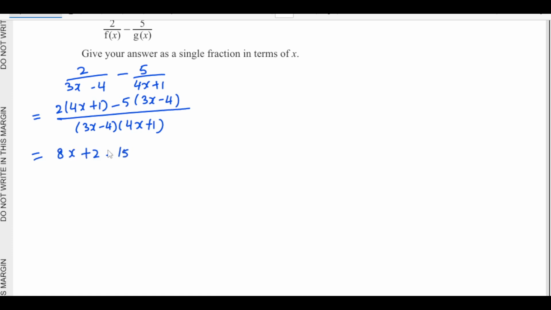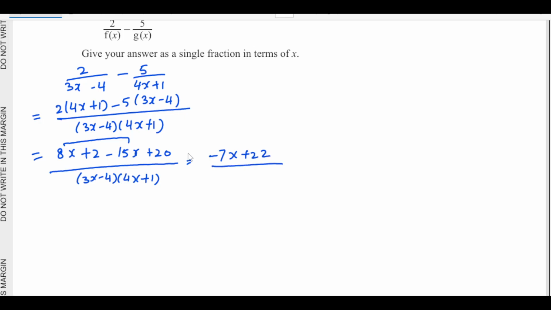So this is negative 15x plus 20. So the denominator, it's up to you, you can even leave it like that or you can also expand. So I'm just leaving it. So it is 8x minus 15x, this is negative 7x plus 22 over 3x minus 4 and 4x plus 1, right? So that's it. Here we have negative 7x plus 22 over 3x minus 4 and 4x plus 1, right?